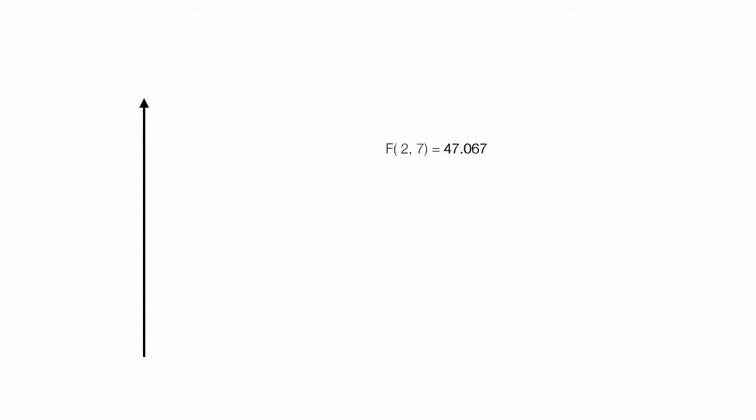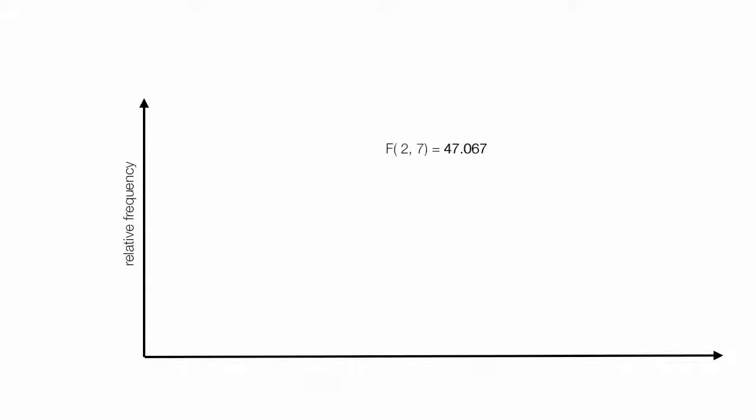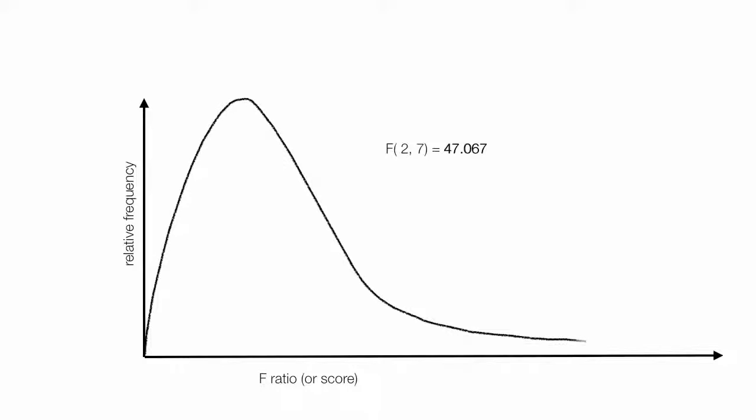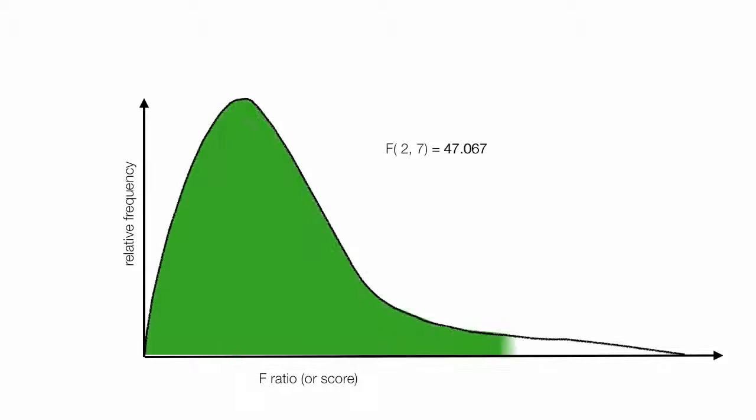Now I'll draw in the distribution. The F distribution looks something like this. Kind of a goofy looking bell curve. Plot my 47.067, and the probability that results are by some random chance is that red area, and that 47.067 actually means it's off the chart.